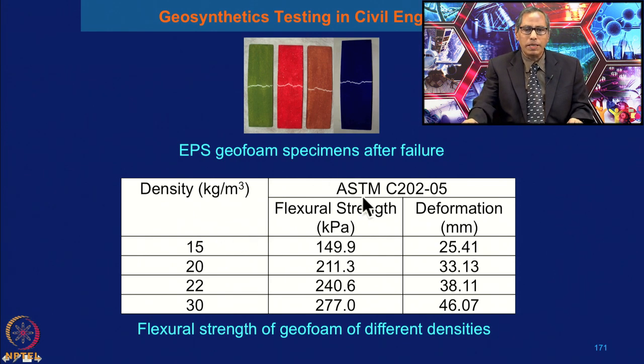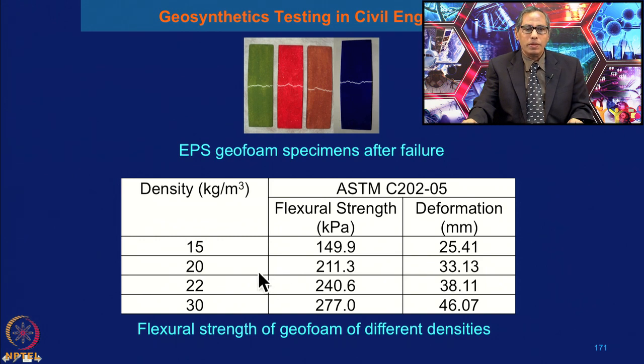As per ASTM C203, when the density of the EPS geoform is 15 kg per meter cube, then flexural strength value is 149.9 kilopascal, and corresponding deformation is 25.41 millimeter.